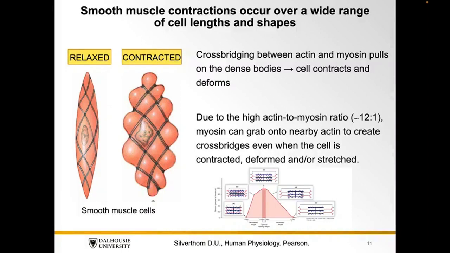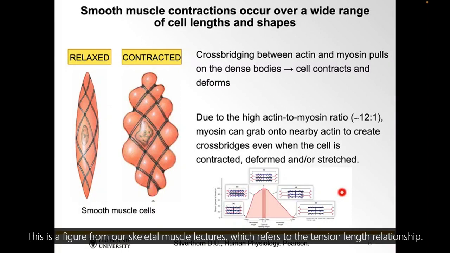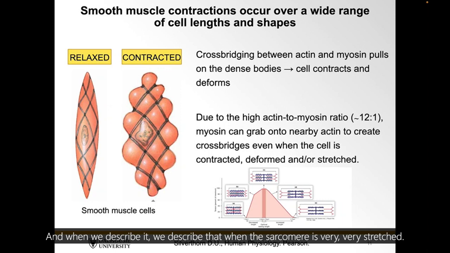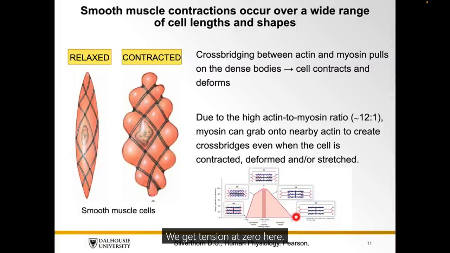This is a figure from our skeletal muscle lectures, which refers to the tension-length relationship. And we described that when the sarcomere is very, very stretched and the actin and myosin don't overlap, it's impossible for the cell to create tension. And we get tension at 0 here.